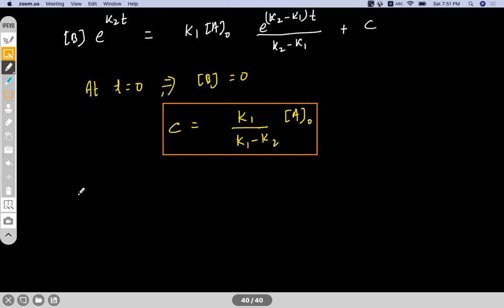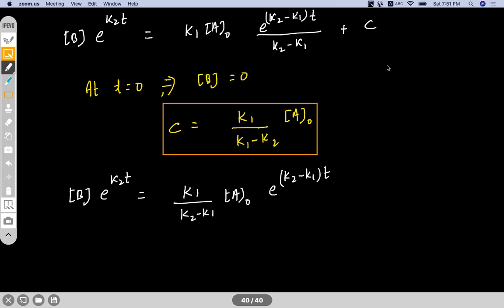So concentration of B into e to the power K2T is equal to K1 by K2 minus K1 into A0 e to the power K2 minus K1 into T plus C, which is K1 by K1 minus K2 into A0.